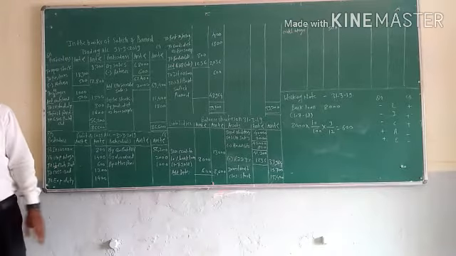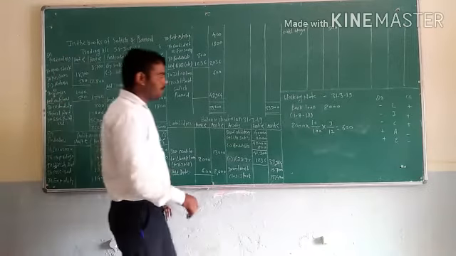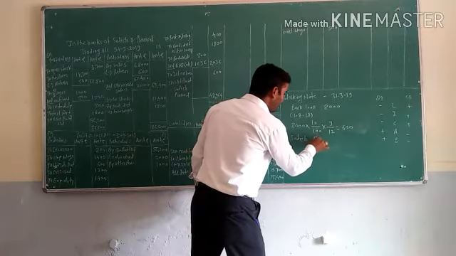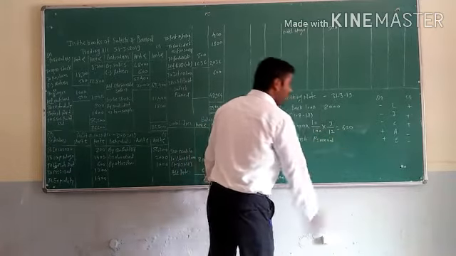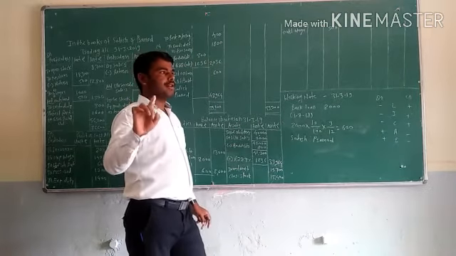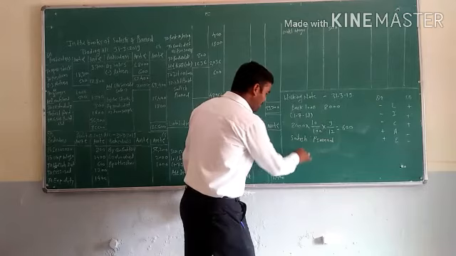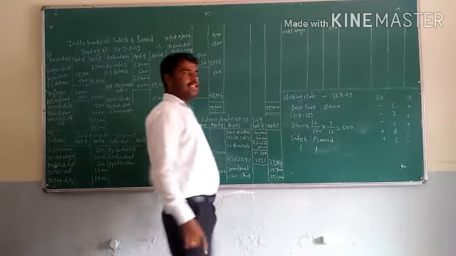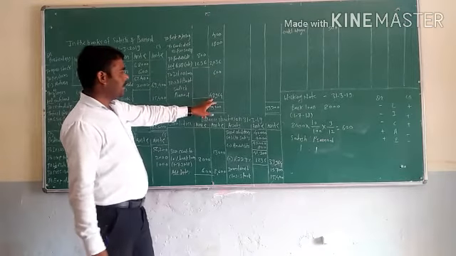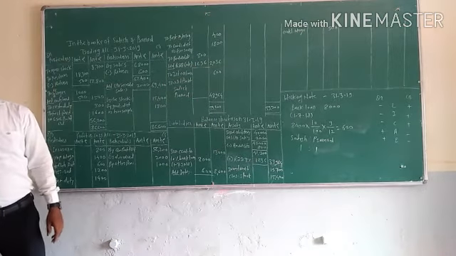The ratio is not given in the problem, so you have to assume the ratio 1:1. It means the amount is divided equally.